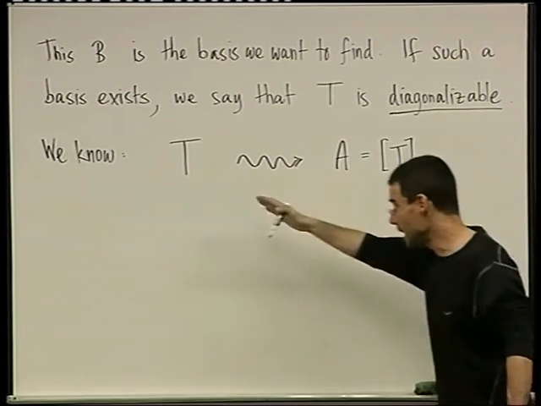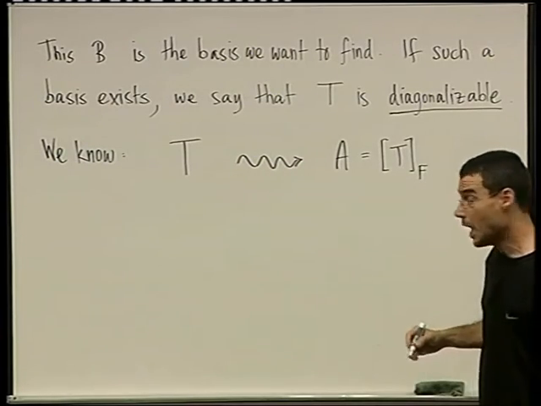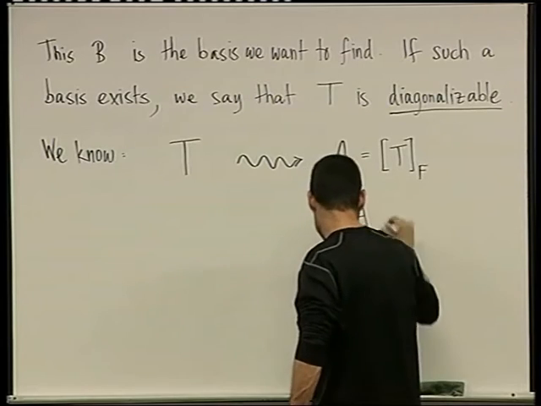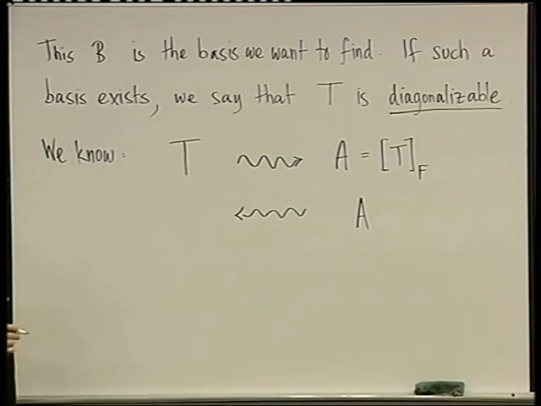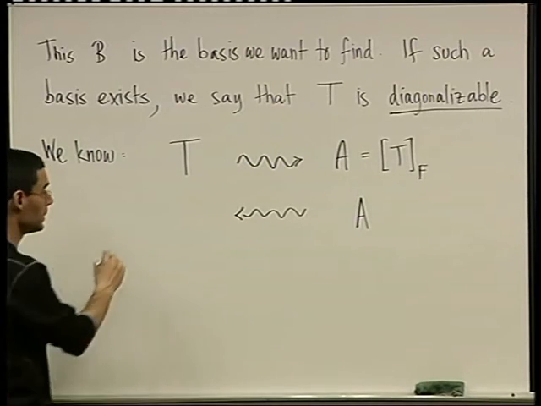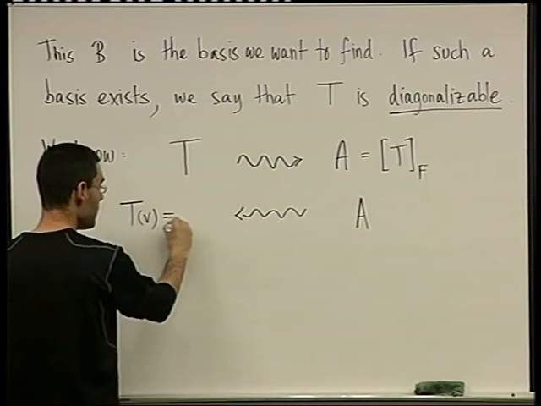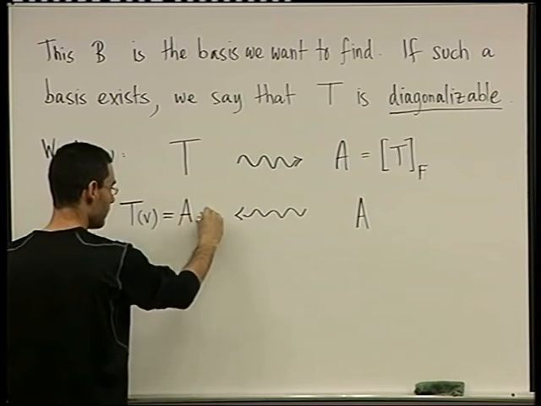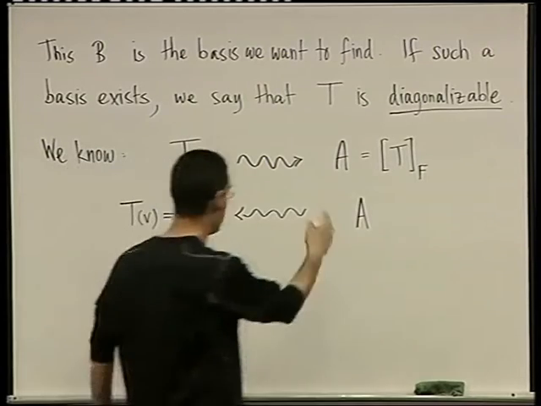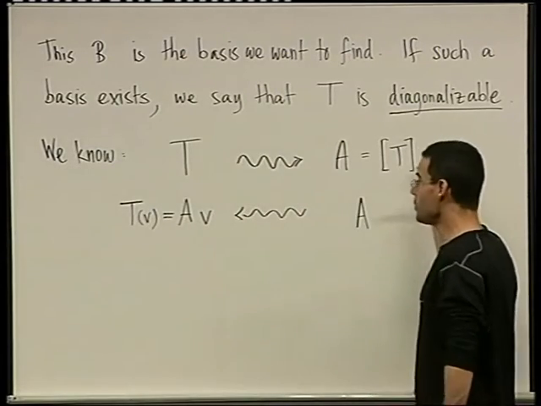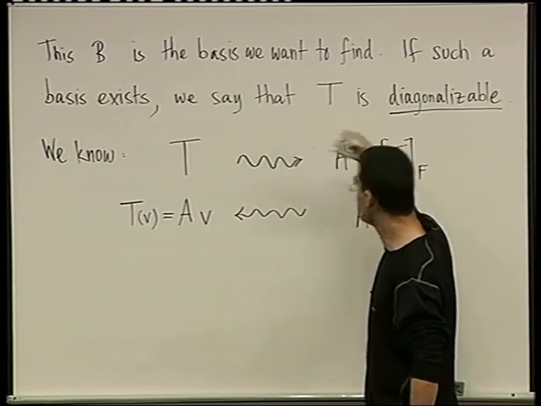Okay, so choosing an F, starting with a T, choosing an F, we can get a matrix. Starting with a matrix, we know how to construct a map. How do we construct a map? We just define T of V to be A times V, right? So we know how to pass from maps to matrices and from matrices to maps, right?